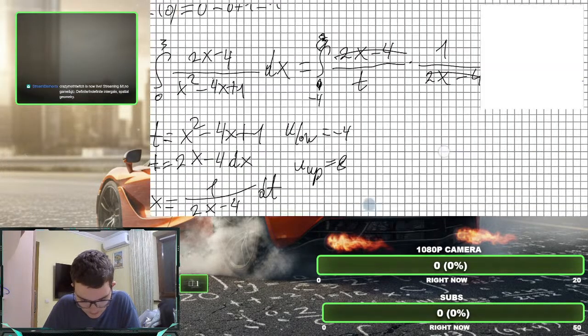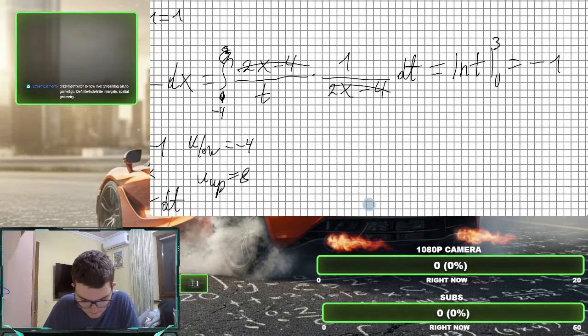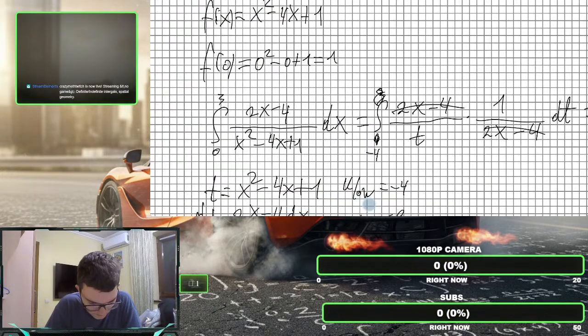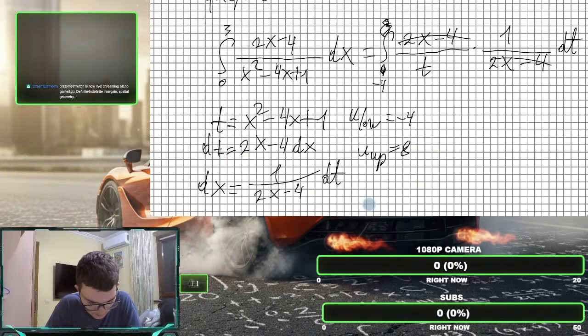So I did it. Now I have to plug in minus 4 and 8, right? And that's it. Hold up. Why is it saying that the inferior limit is actually that?